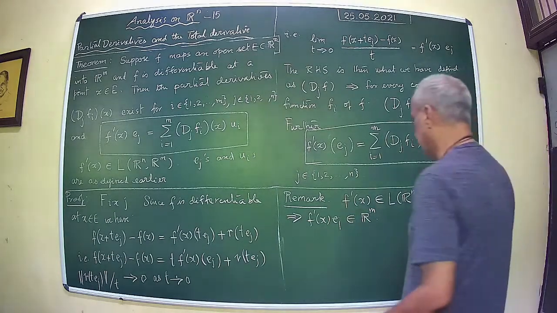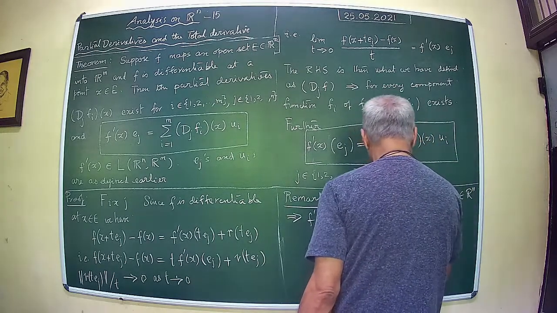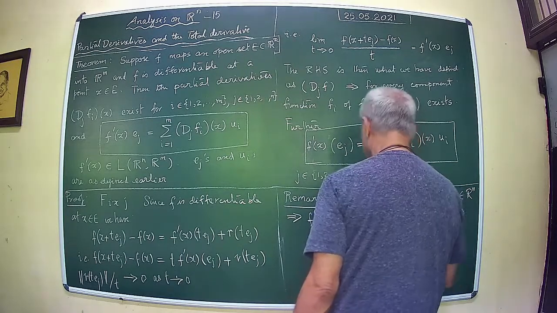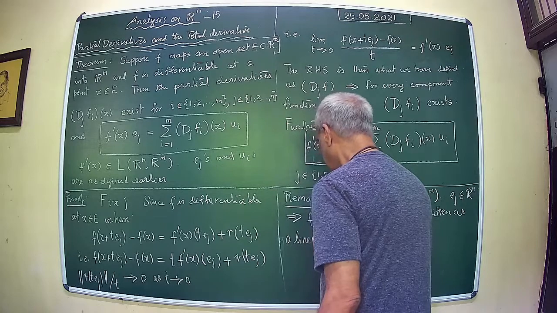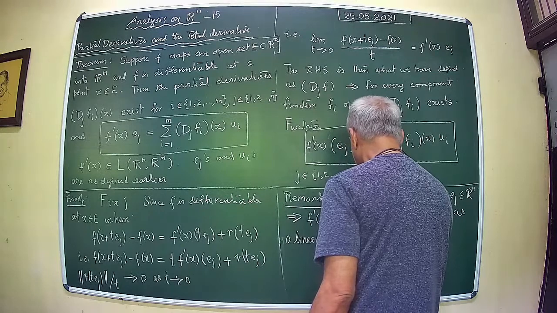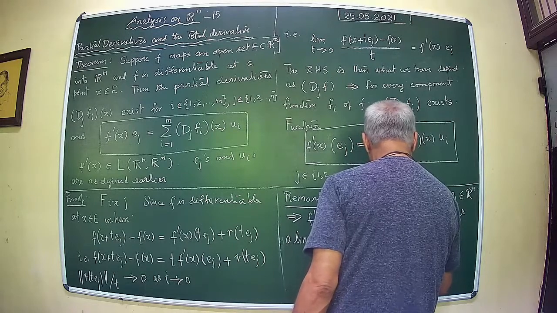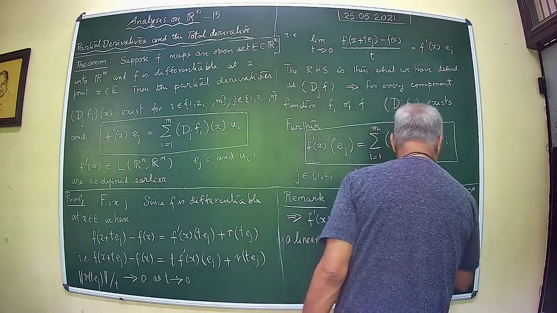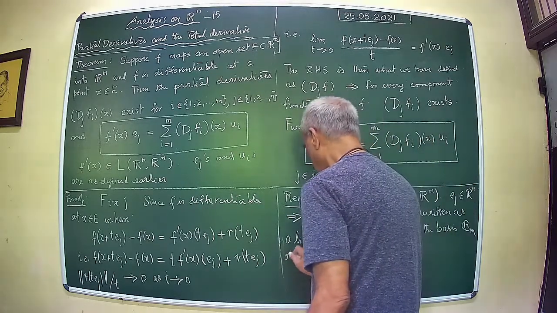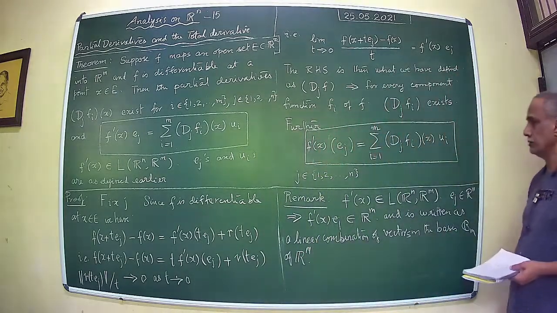And that vector is written in terms of this basis of R^m. That's what you see here.